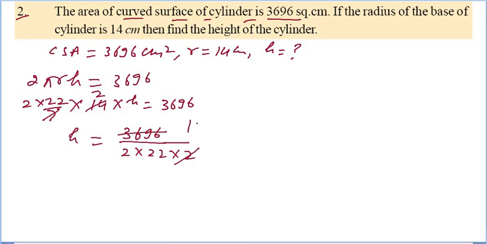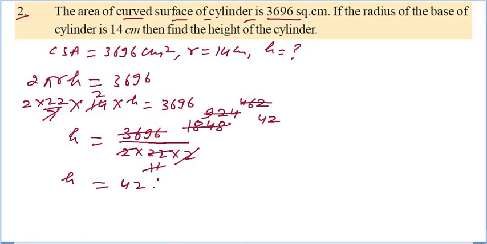So 2 1 ja 2, 2 8 ja 16, and 2 4 ja 8, and 2 8 ja 16. Now once again by 2, 2 9 ja 18, 2 2 ja 4, and 2 4 ja 8. Once again by 2, 2 4 ja 8, and 2 6 ja 12, and 2 2 ja 4. Now come to the 11. So 11 4 ja 44, and 11 2 ja 22. So H will be equal to 42 centimeter, and that one is your answer.